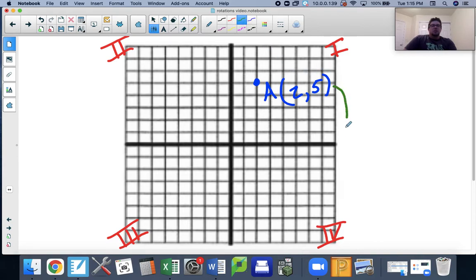A 90-degree rotation is going to land it 1 quadrant away from where it currently is. So if we go clockwise, it lands in quadrant 4.